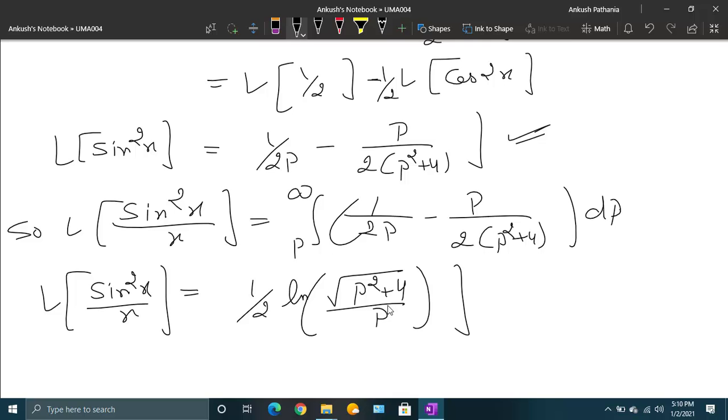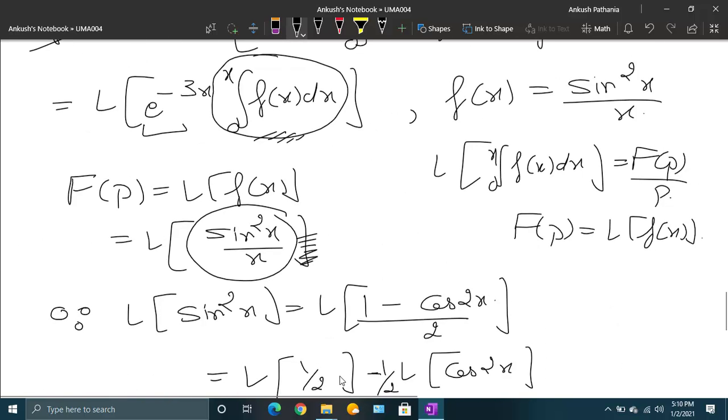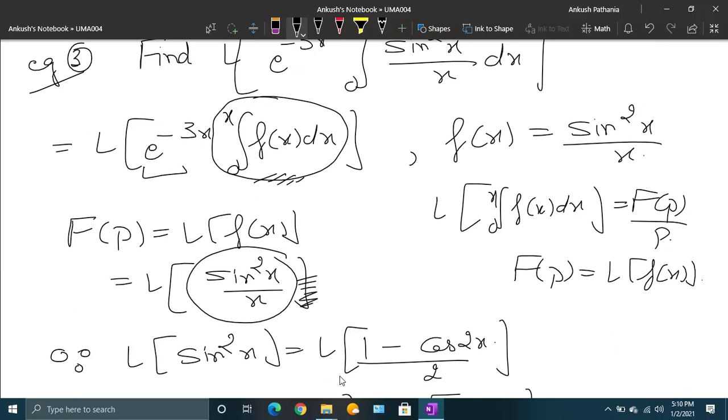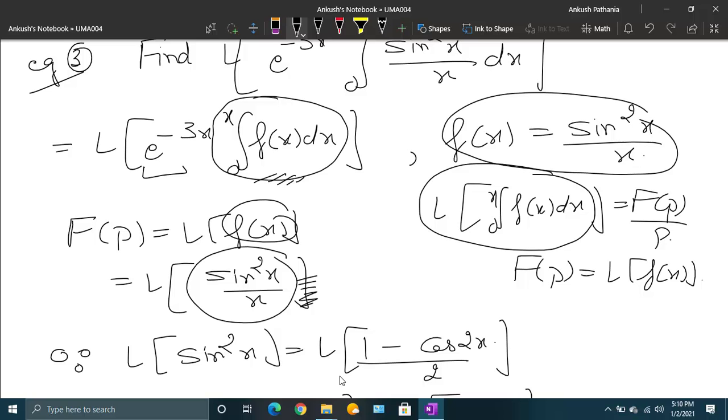So we were looking for the Laplace of the integral from 0 to x of f(x) dx, where f(x) is sine square x upon x. We need F(p), the Laplace of sine square x upon x, and we got that. So now we can find the Laplace of the integral from 0 to x of f(x) dx, and that is simply F(p) by p.